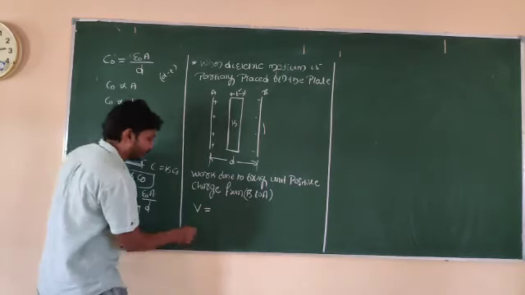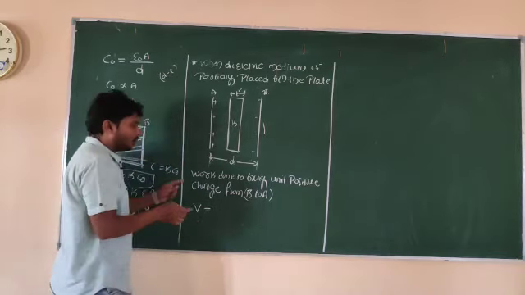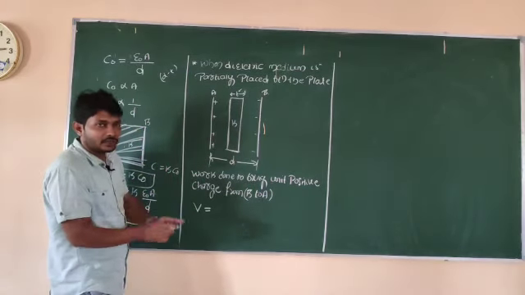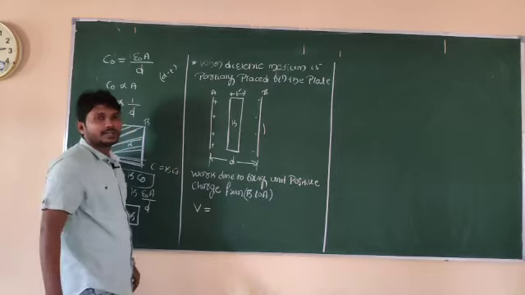So V is equal to the work done to bring unit positive charge from B to A. That work done is stored as electrostatic potential here.